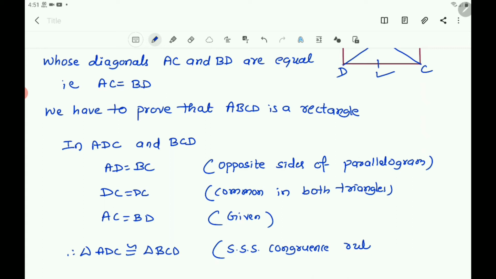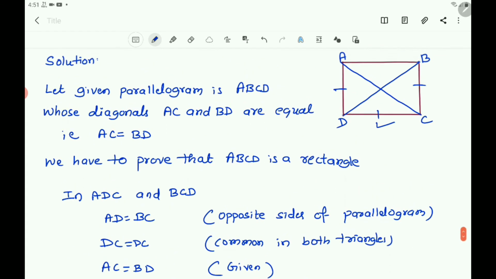SSS Congruence Rule. As you got that triangle ADC is congruent to triangle BCD, you can say that angle ADC is equal to angle BCD because according to CPCT, they are the corresponding parts of congruent triangles.